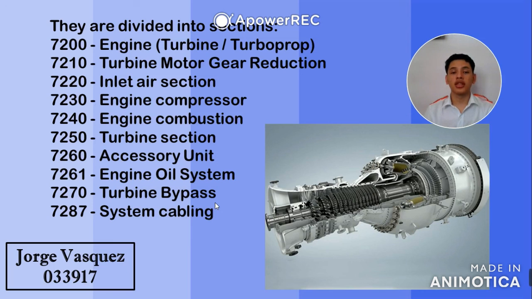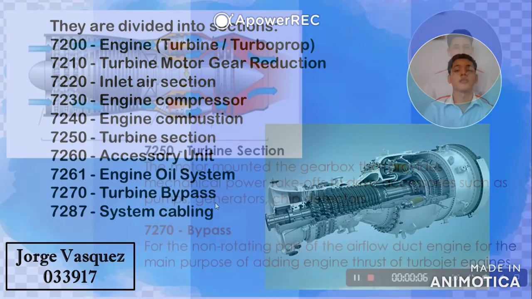The 72-30, the engine compressor. That is the engine section where the incoming air is compressed. The 72-40, the engine combustion. That is the section of the engine in which fuel and air mix and burn.